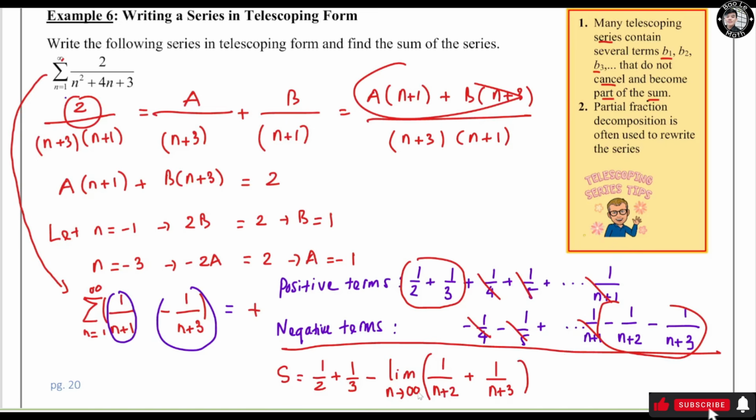So when n approaches infinity, this guy approaches 0, this guy approaches 0, right? You're going to end up with 1 over 2 plus 1 over 3, and it's going to be 5 over 6. This one is the final answer, and it's a good time to stop.